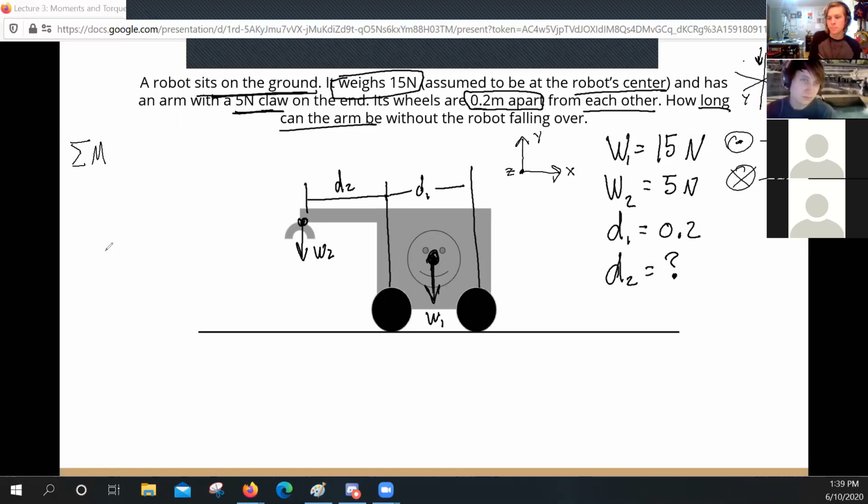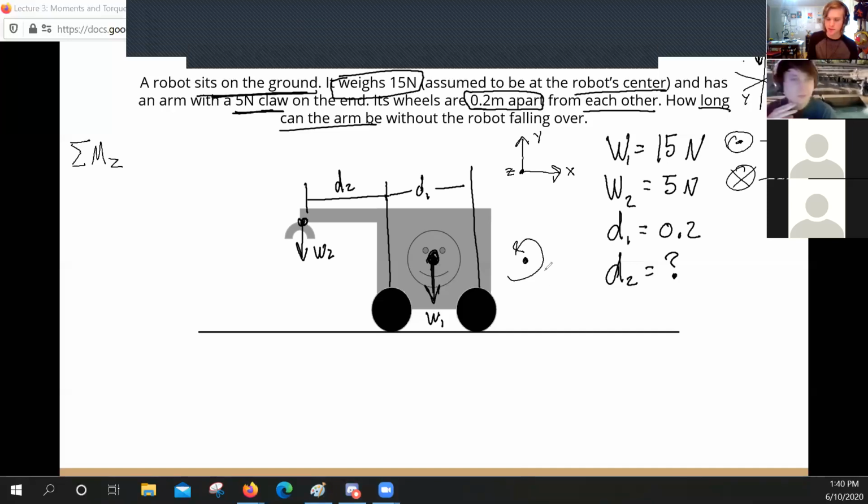Here are our three axes. Would it be Z? It would be z. Basically, if something's rotating, it will be rotating about the z-axis.